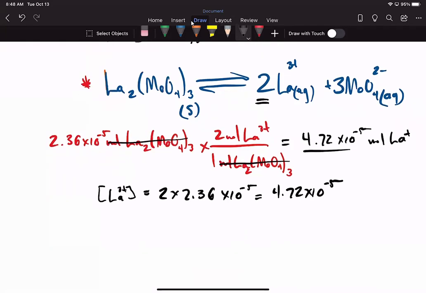If I wanted to know the concentration of the molybdenum oxide, I could do the stoichiometry again, or I could just say 3 times 2.36 times 10 to the minus 5. Now I'll need a calculator.